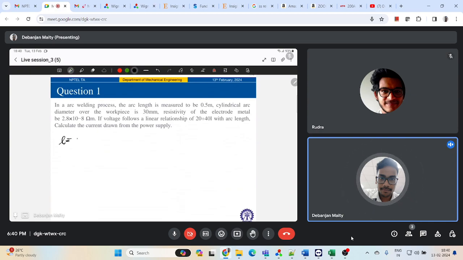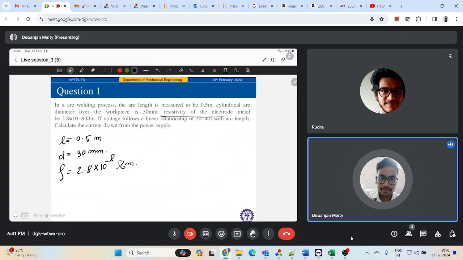So my arc length is 0.5 meter, and this is a cylindrical arc having a diameter of 30 mm, and you know the resistivity of the metal, which is 2.8 E minus 8 ohm meter.